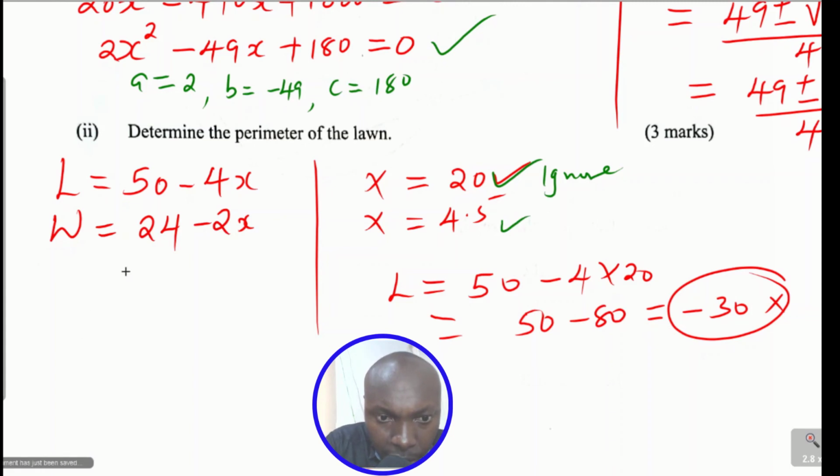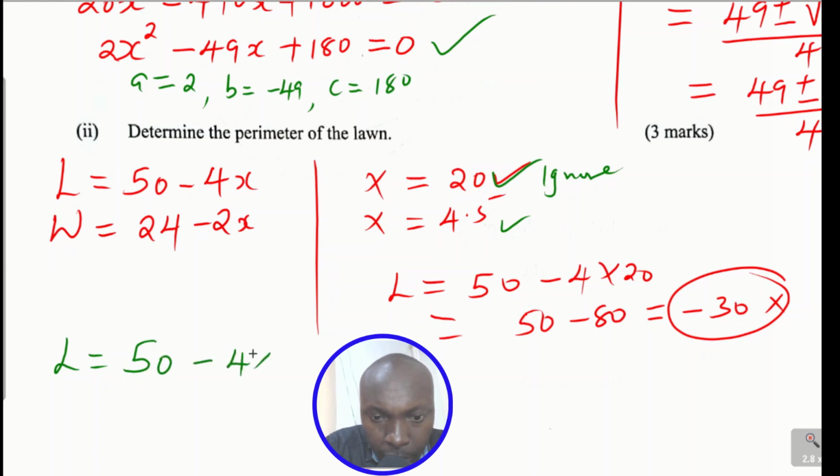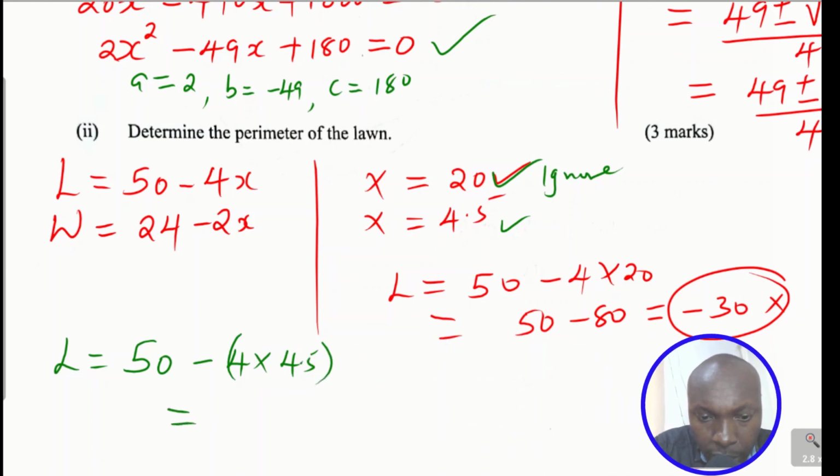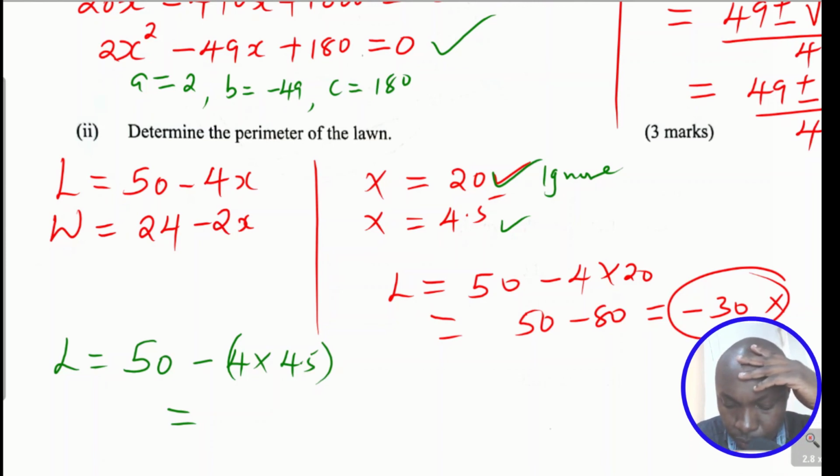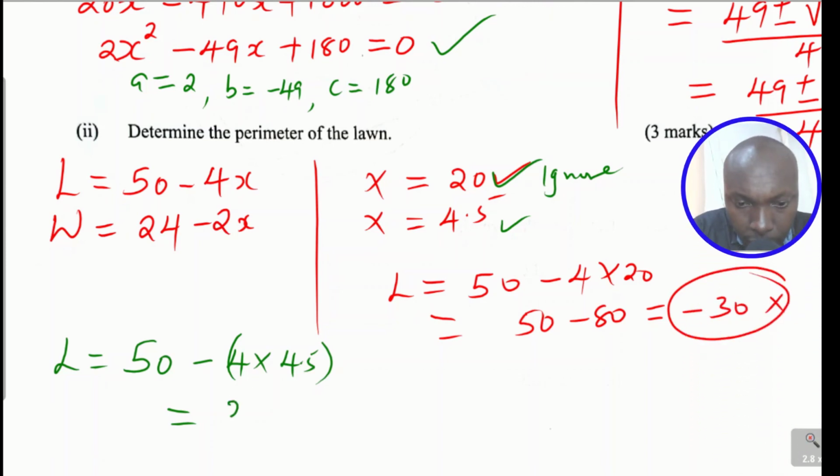Let's use x is equal to 4.5. So this will be 50 subtract 4 times 4.5. When we use x as 4.5 and work this out in a calculator, the length will be 32. What about the width?